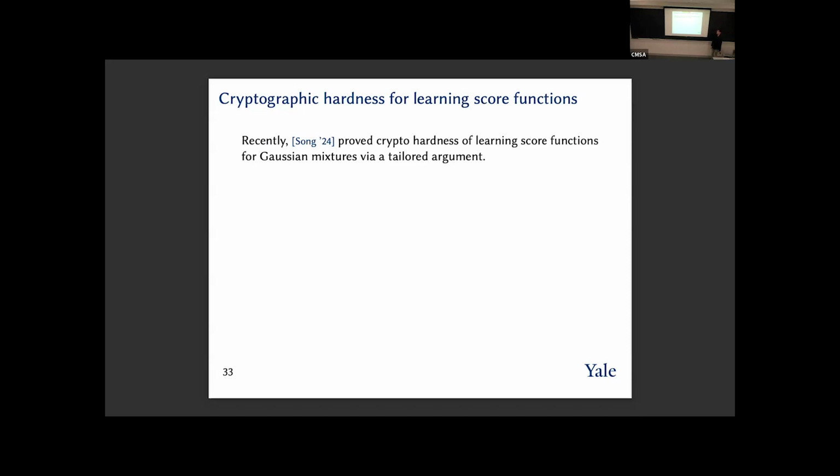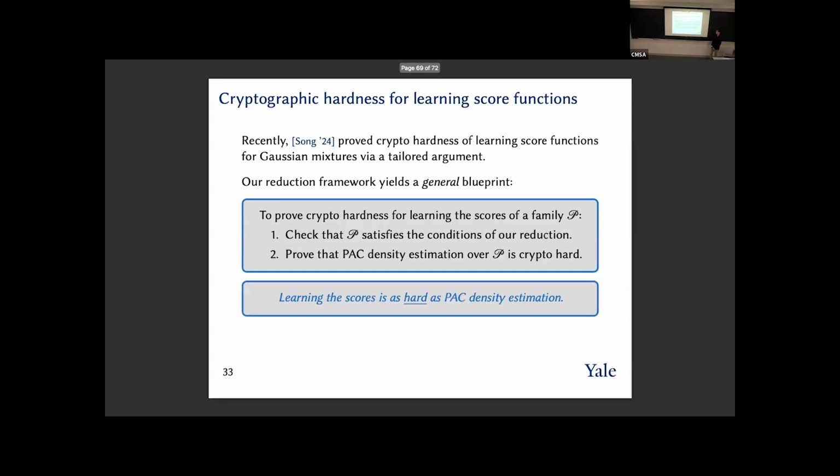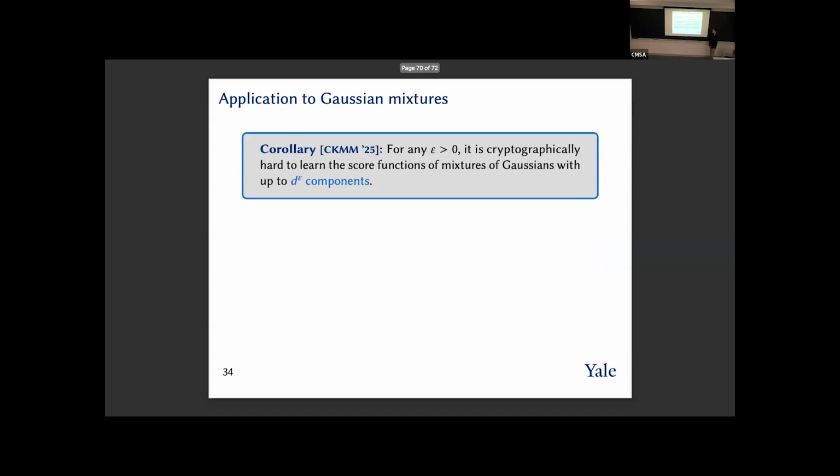We're just going to recover his result at the end of the day, but the point is, his result was based on a very tailored argument, and now through this reduction, you kind of see the general picture. The general picture is for any family P, if you know that it's cryptographically hard to do density estimation, you just have to apply our reduction. Therefore, the conclusion is that learning the scores is as hard as this notion of density estimation.